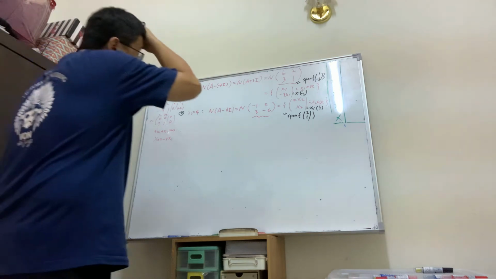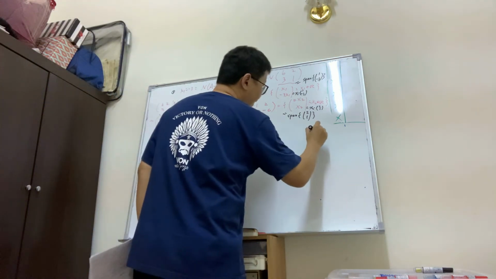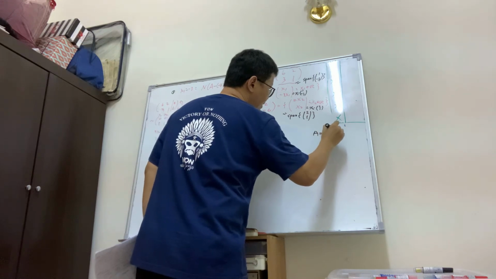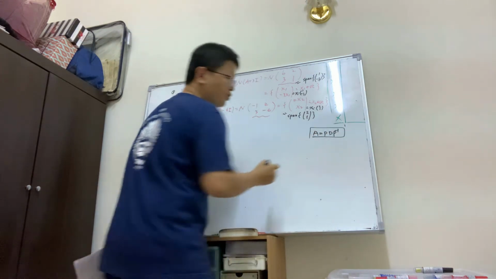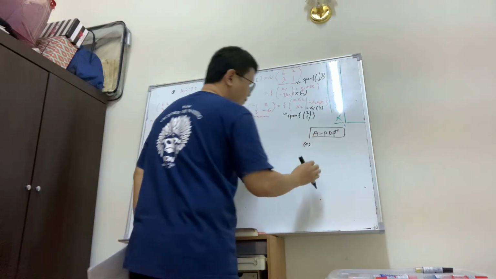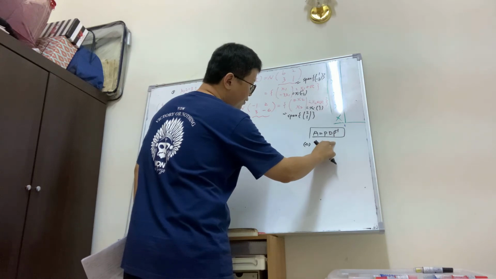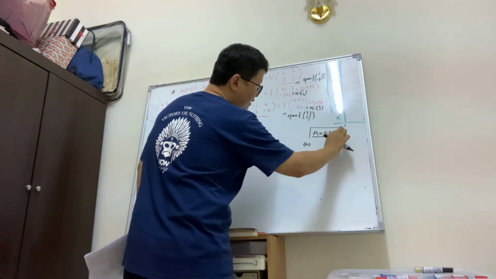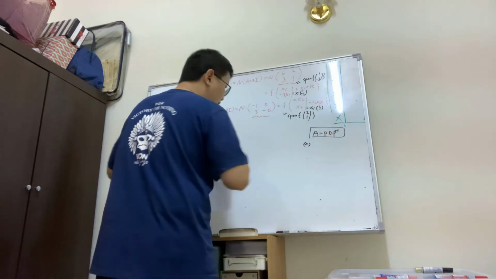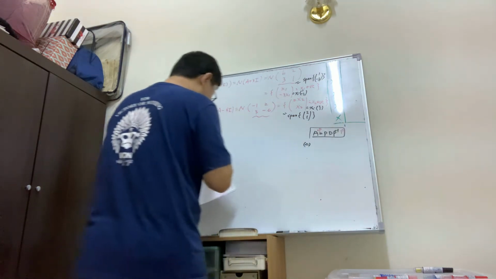Okay, and our goal is to show that A equals PDP inverse. For this equation, if you multiply both sides by P on the left-hand side, what will you get?